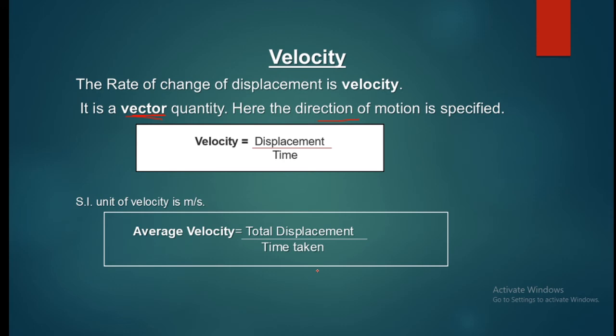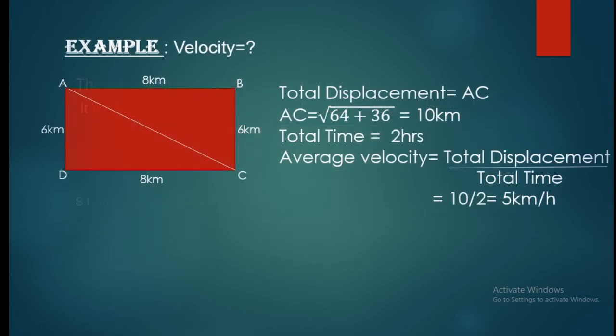So let's understand with an example also. Here, same example I've considered. If a man is standing at A and he wants to go to point C, I want to calculate the velocity of that man. Here my total displacement is the shortest path covered by an object. Here my distance is AB plus BC, but shortest path is AC. So my displacement is AC.